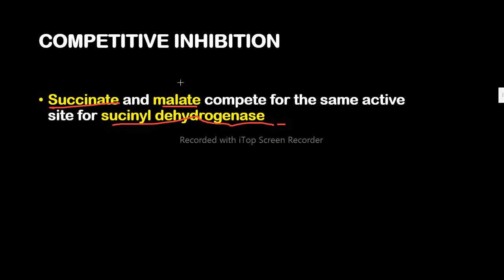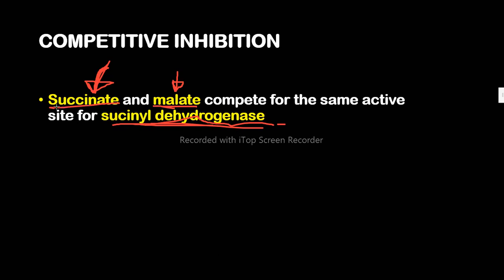So the malate and the succinate, all these are organic compounds. They are all intermediates as far as the Krebs cycle is concerned. The malate formed has the same shape as the succinate. Having the same shape means these two can compete for the same active site of this enzyme, succinate dehydrogenase.